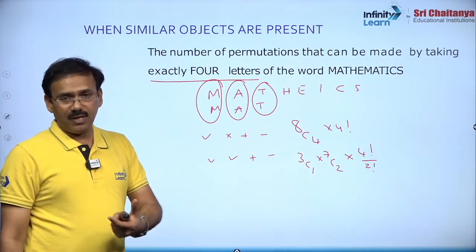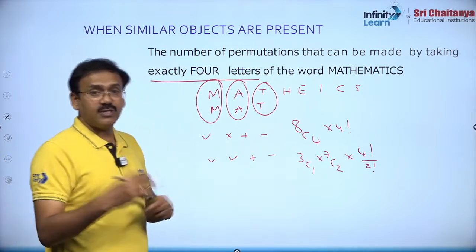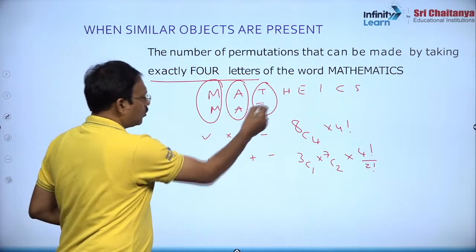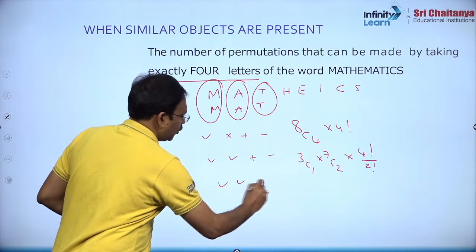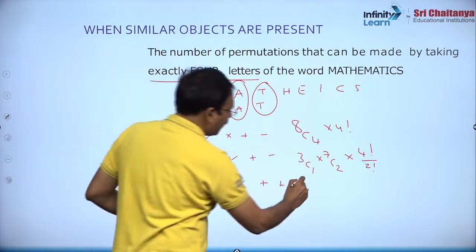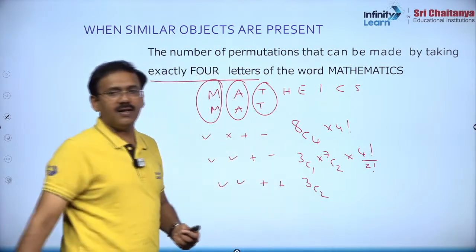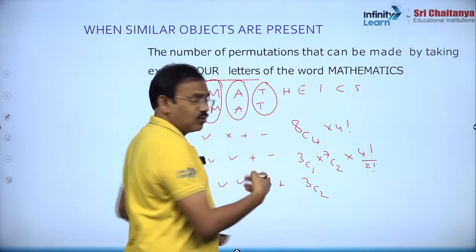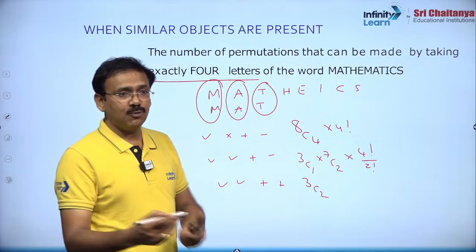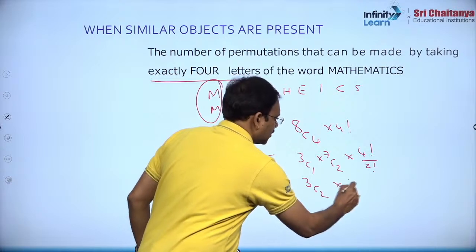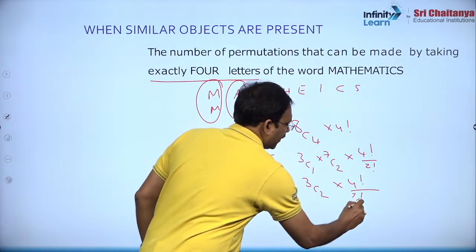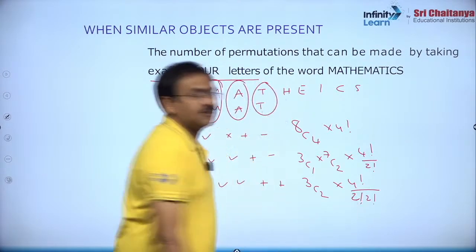The other combination is 2 same and another 2 same. Out of these 3 pairs you select 2. Now you have 4 letters of which 2 pairs are the same, so you can write 4 factorial by 2 factorial into 2 factorial.